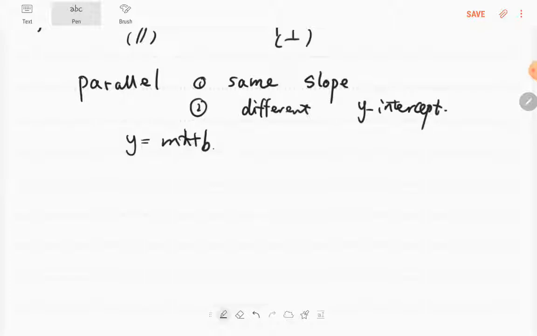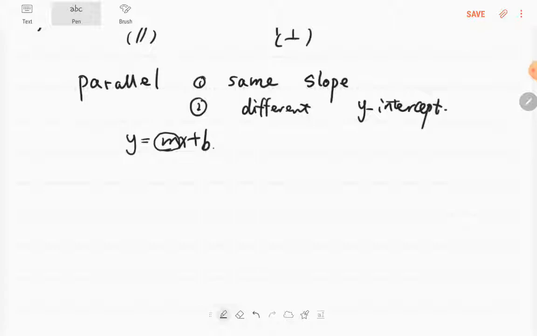Why is this one called slope-intercept form? Because from this equation, we will know the coefficient of x is automatically the slope of the equation. And we can also directly find the value of y for the y-intercept.